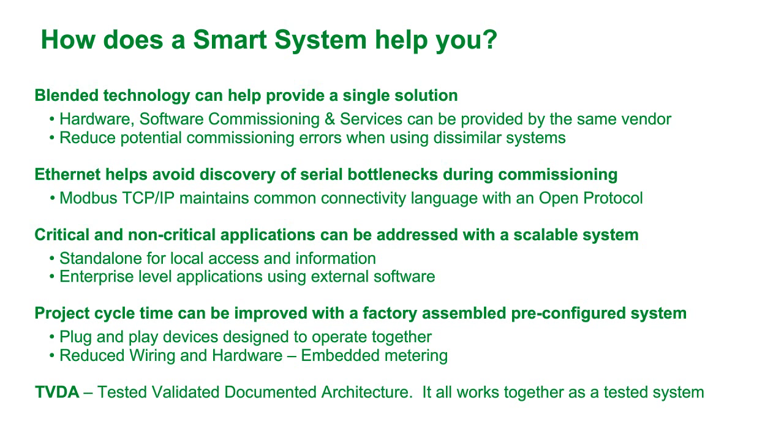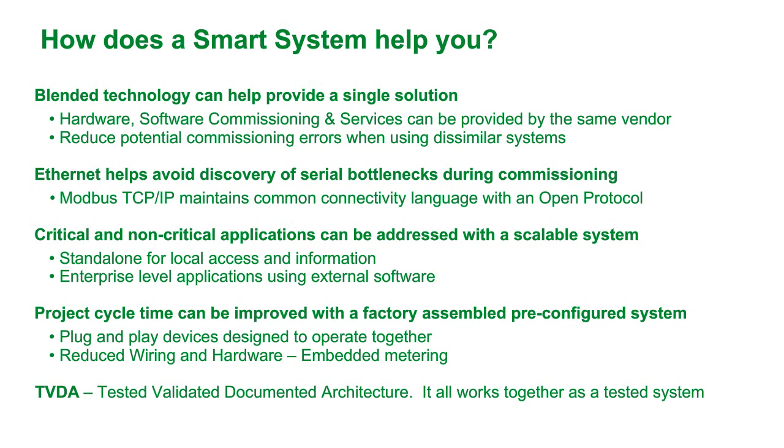And then another piece here is project cycle time can be improved when you have a factory assembled, pre-configured system. In a case where you have factory wiring, factory communications, all the pieces are set up and pre-configured, it shows up on site. There are sometimes plug-and-play devices, which you literally just plug into each other and they run.